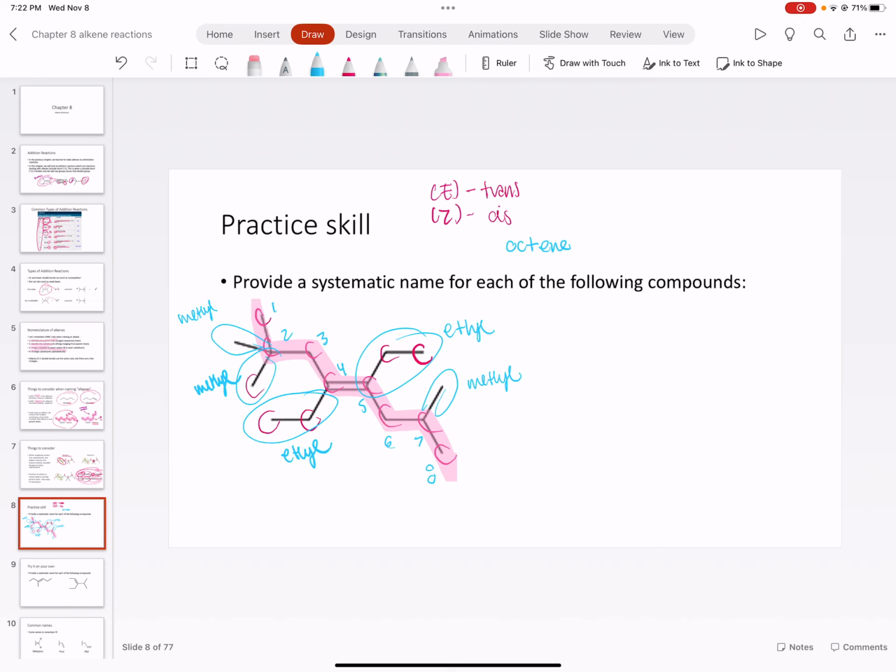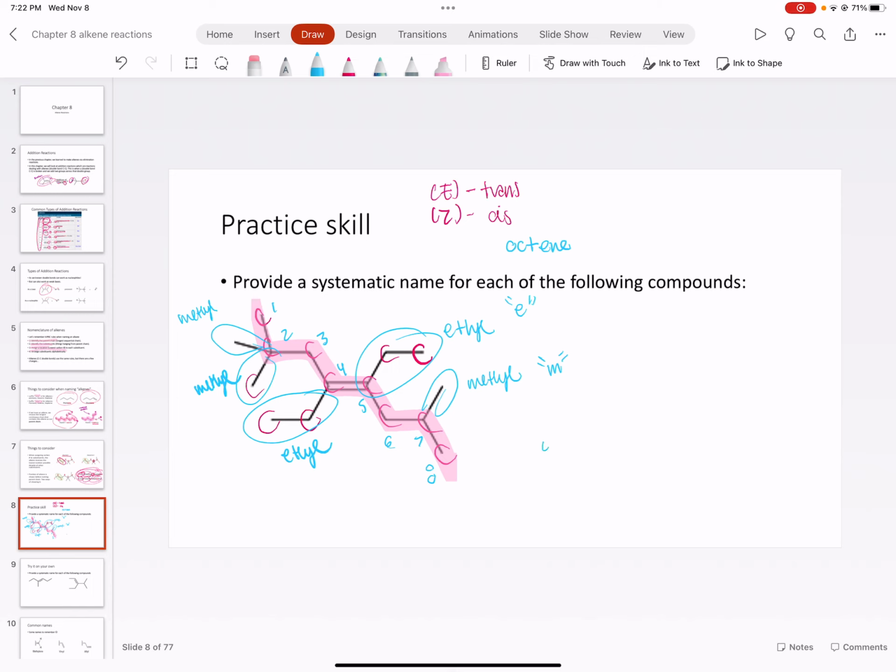So now we can do it alphabetically. Ethyl is assigned as E, methyl is assigned as M. It is quite nice because E has priority over M in the alphabet, so we can start with E.